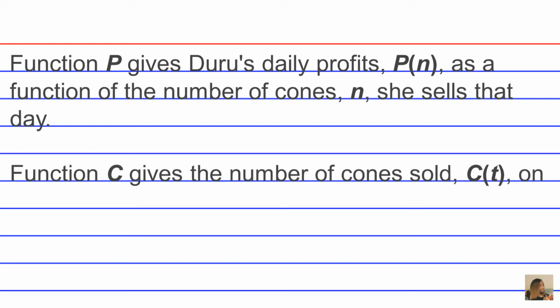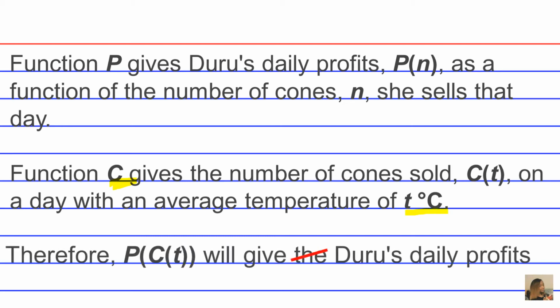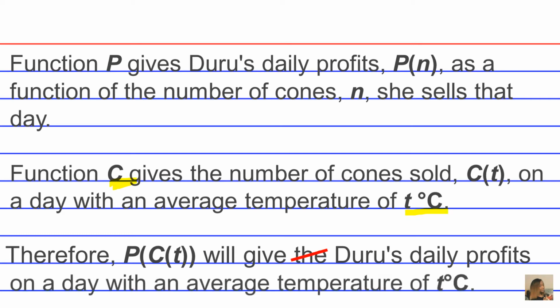Function C gives the number of cones sold, C(T), on a day with an average temperature of T degrees Celsius. Therefore, P(C(T)) will give Duru's daily profits on a day with an average temperature of T degrees Celsius, okay?